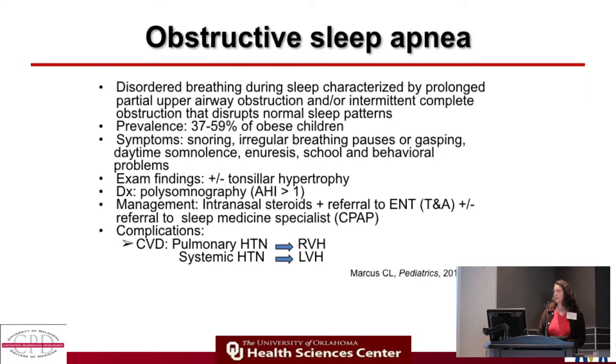and the diagnosis here, I said, an apnea-hypopnea index of greater than 1 in kids. So that's pretty low. In our teenagers, the adult cutoffs are 5, and so we'll really look at how symptomatic they are.